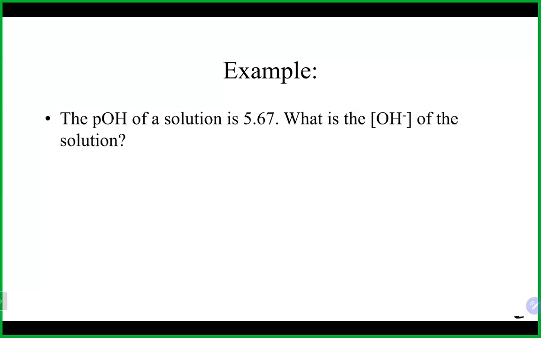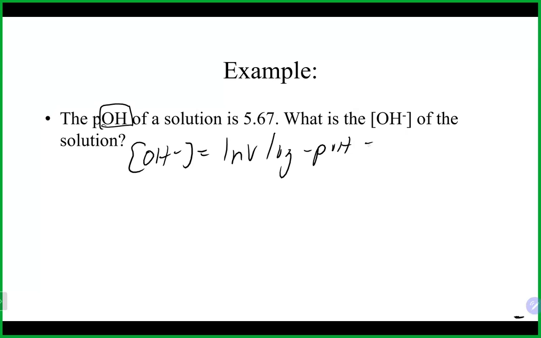All right, so in this case, again, it does tell you what you could get, which is the OH from that. So we'll go right into our inverse log of the negative pOH. And again, that's going to be something like this. And that should get us here.